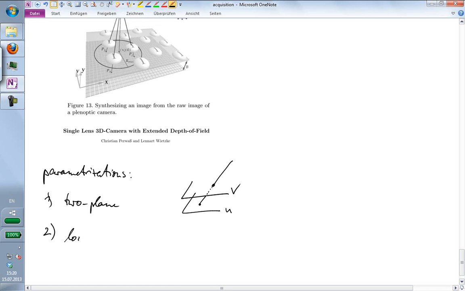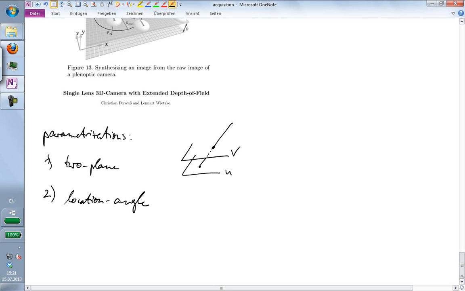Or we have the location-angle parameterization, which is a bit of a misnomer because really it's the slope that people look at, but it's called location-angle in the literature nonetheless. So if we have the same ray here, we can now look at this ray from two orthogonal sides.